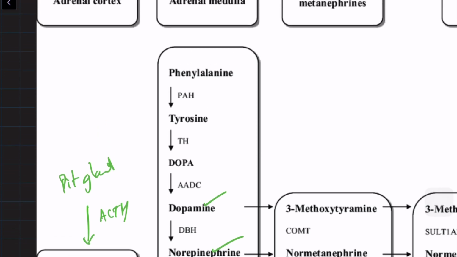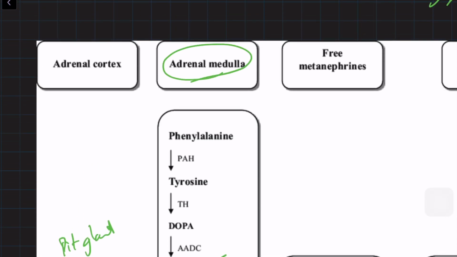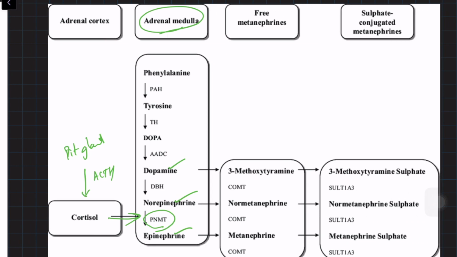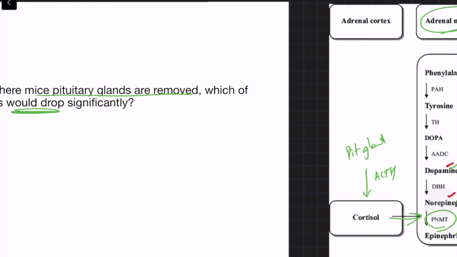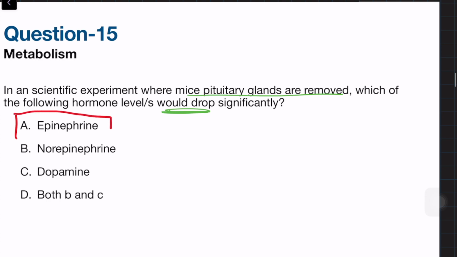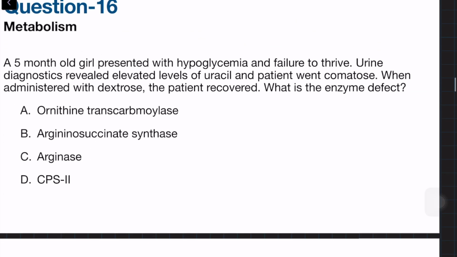Epinephrine is exclusively formed in the adrenal medulla. Norepinephrine or dopamine are also synthesized in some other sites of neurological origin, but epinephrine is exclusively in the adrenal medulla. Therefore, if we remove the pituitary, the cortisol support will go and epinephrine would drop. That is the answer. Okay.